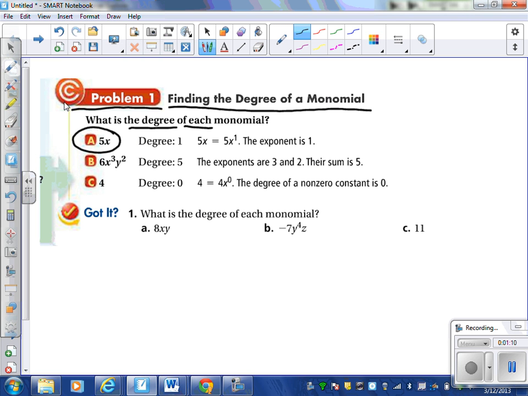Looking at 5x, we look at the letter x, we don't see a number next to the x, so it's actually a 1. So that exponent has a degree of 1. If there's not a number listed or noted next to the x, we know that it's an invisible 1. The degree is then 1.